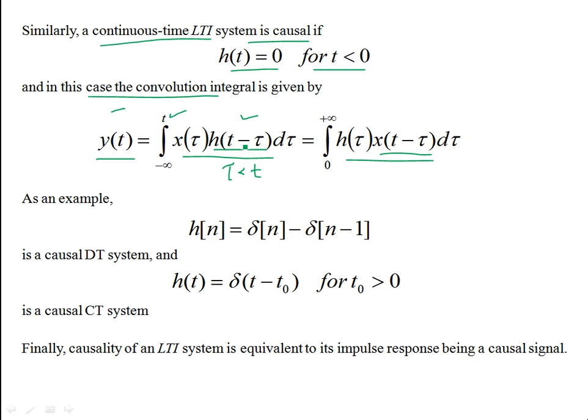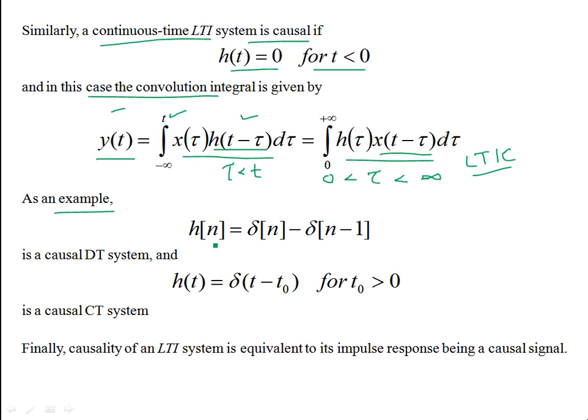Similarly, if you look at the other integral, it is quite straightforward that tau should be between 0 and infinity. It can't be negative, as long as the system is causal and linear time invariant. So this is again a continuous time, linear time invariant, and causal system, an LTIC system.